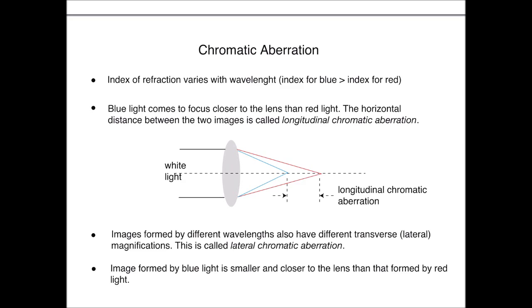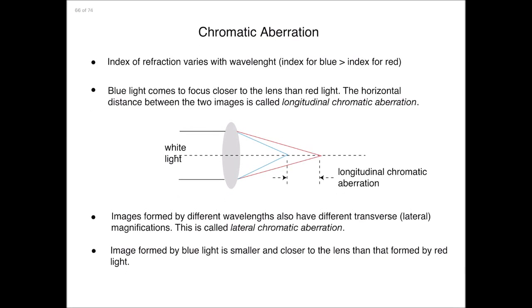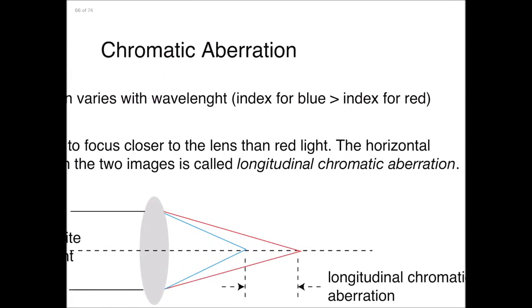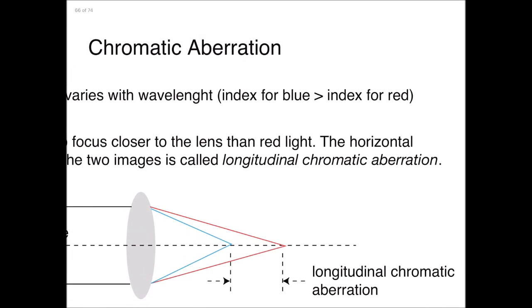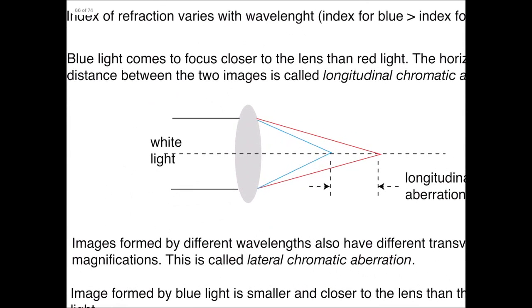This is called chromatic aberration. It happens because the index of refraction varies with wavelength, which we already discussed when we worked on the case of the prism. The refractive index for blue is greater than for red, so red light suffers less refraction than blue light. If white light comes into a lens from one side, it is not going to be properly focused at one point.